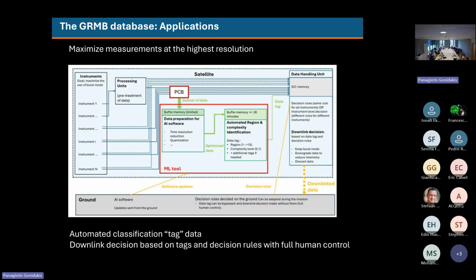Another possibility is to put your tool in the data handling unit, but that's not where you usually place instruments. That's more where the spacecraft operates, and that gives you other complications. Space agencies especially don't like scientists to put something there because it can make problems.